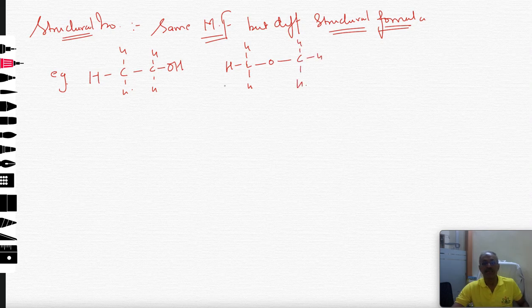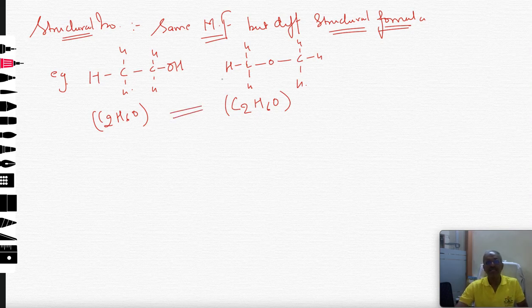That means it is C2H6O, and this is also C2H6O. So same molecular formula but different structural formula is known as structural isomerism.